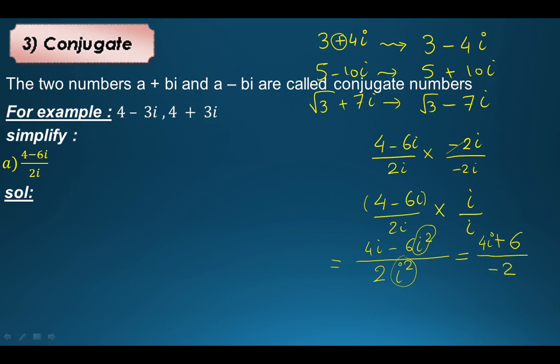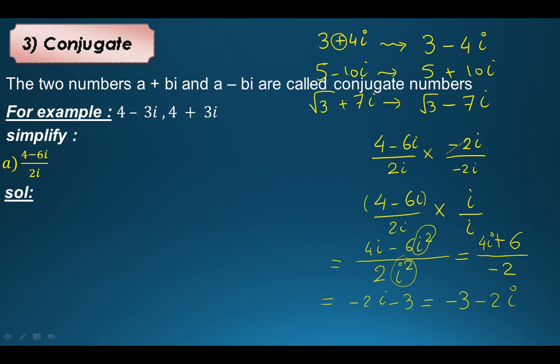Here we split the denominator: 4i divided by negative 2 is negative 2i, and 6 divided by negative 2 is negative 3. But this complex number is not in the standard form, so we write it as negative 3 minus 2i. This is the answer of simplifying 4 minus 6i over 2i.